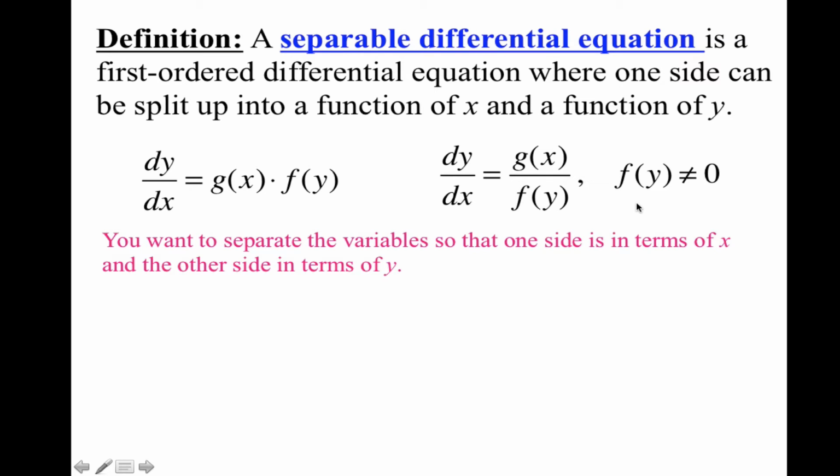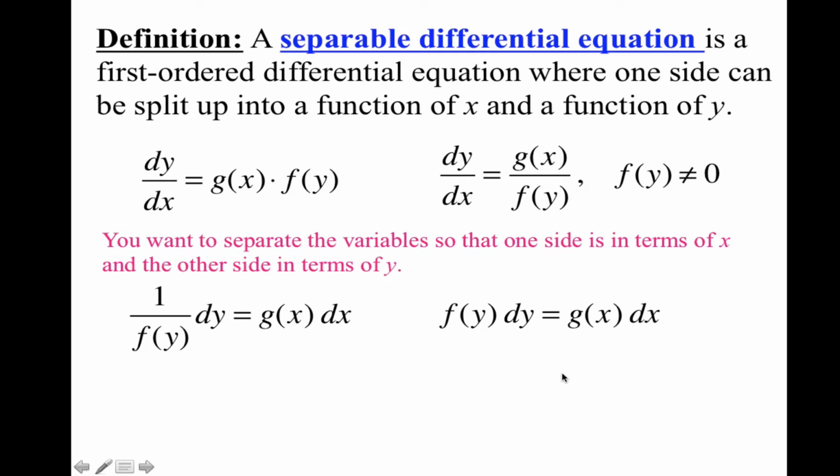we want to separate the variables so that one side is in terms of x and the other side is in terms of y. To do that for the first one, I would divide both sides by f of y and multiply both sides by dx to get 1 over f of y dy equals g of x dx. For the one where it's a quotient, basically I would cross multiply.